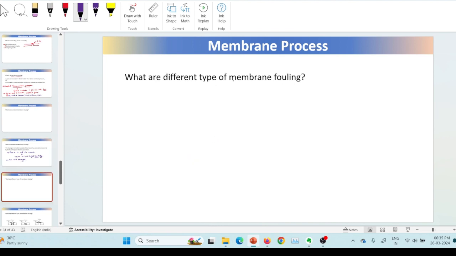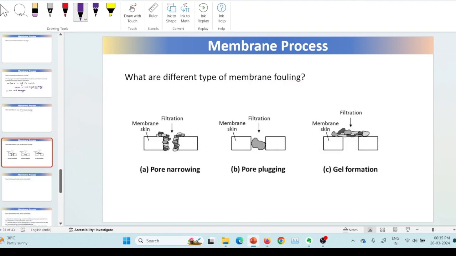What are the different types of membrane fouling? Let's understand the different types. The first one is pore narrowing. Pore narrowing, as the word states, the pore narrows.